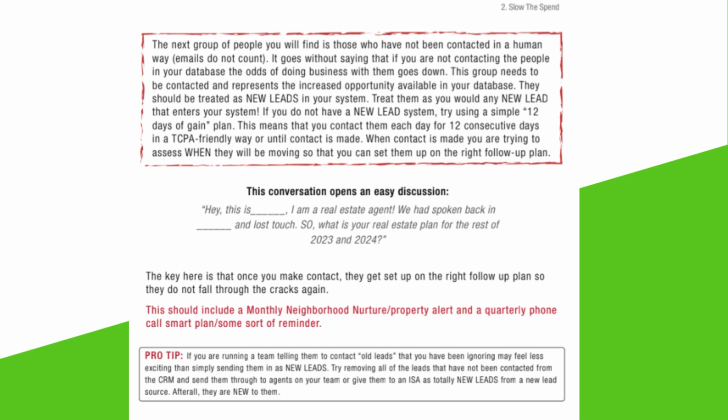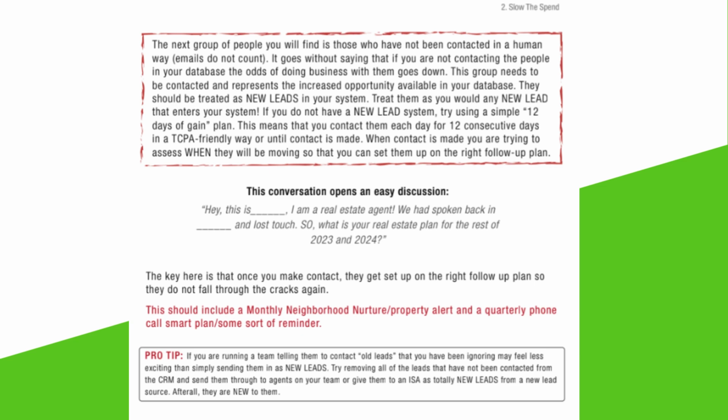One of the ways you could do that is go into your database and organize your database by last contact, meaning the longest time since they've been contacted. If you organize your database that way and start working through the database from who's been in my database for the longest time but no contact, that's probably a really good place to start layering in your lead generation time so that you can start to breathe life into those contacts.